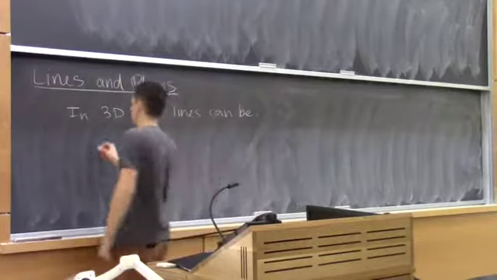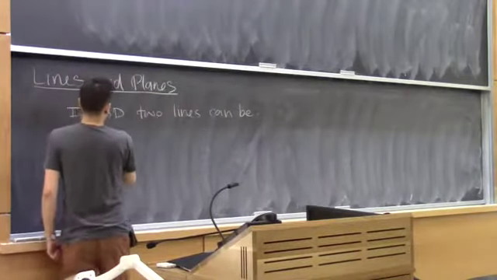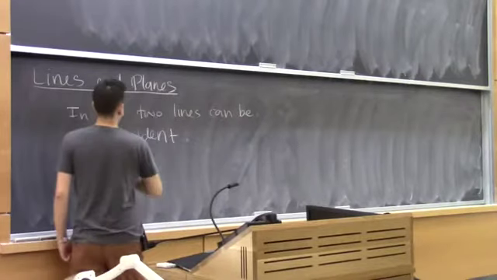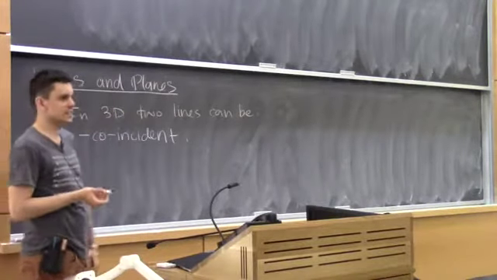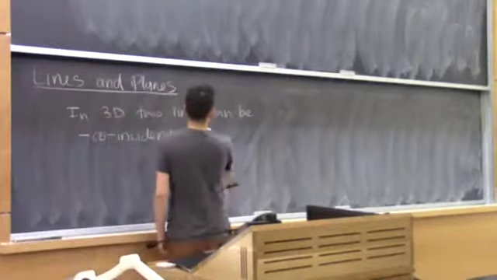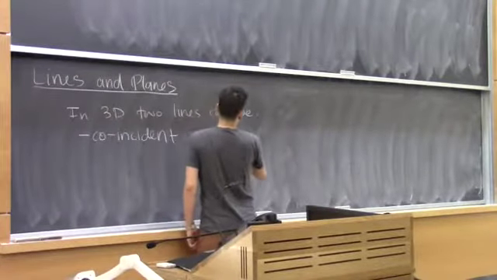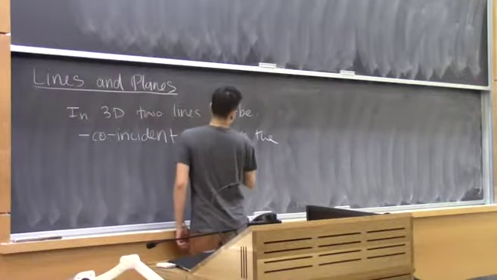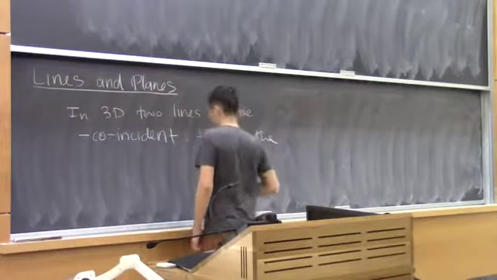Two lines can be what we call coincident. That means they are the same line.